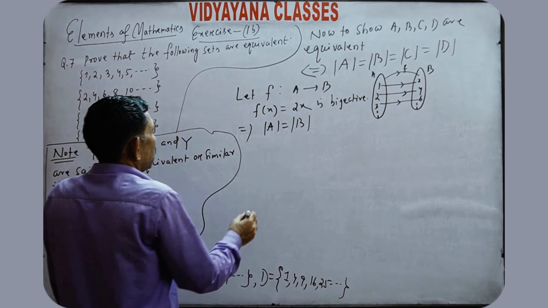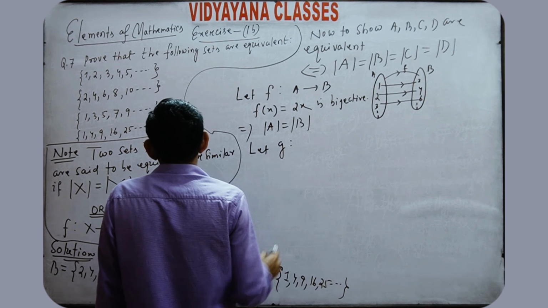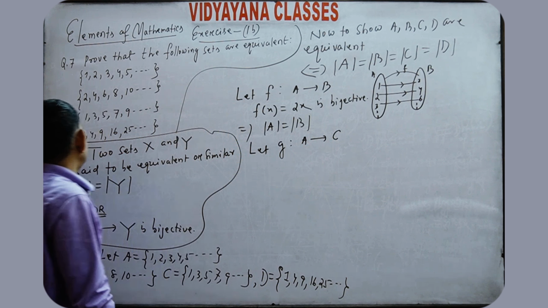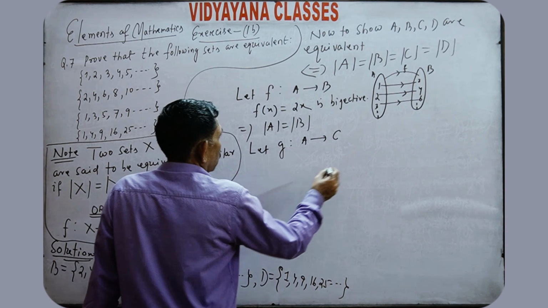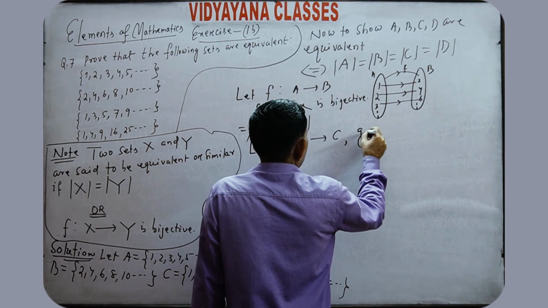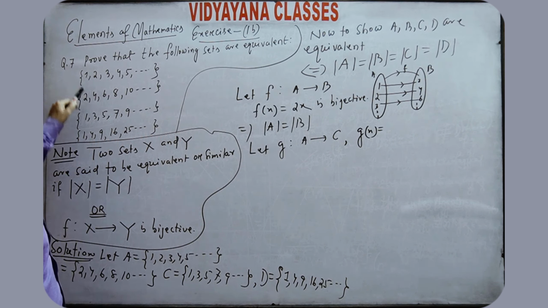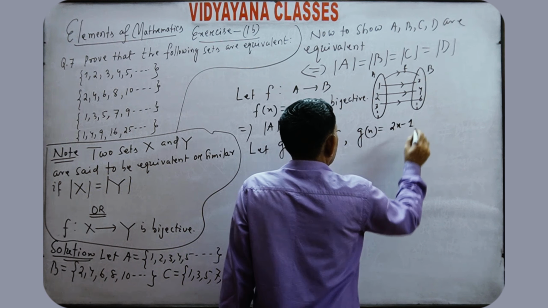Similarly, let g be the function from A to C. g(x) is equal to 2x minus 1.